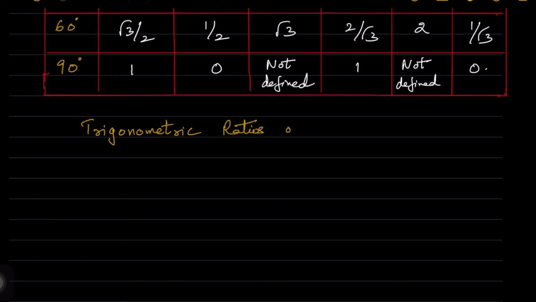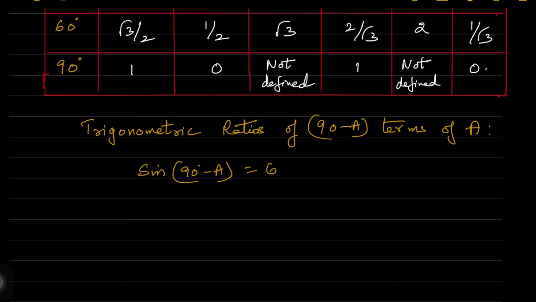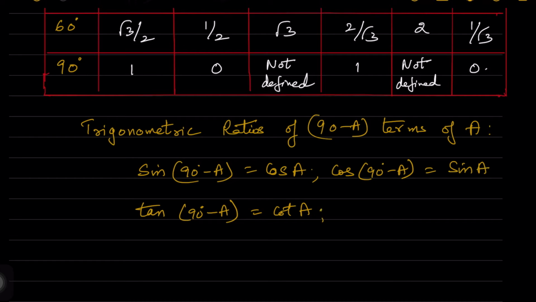Now what are trigonometric ratios of 90 minus A, in terms of A? We'll just see. So sin 90 minus A is equal to cos A. These are just to be remembered, and you also have cos 90 minus A will give you sin A. Sin 90 minus A will give you cos A, cos 90 minus A will give you sin A. That's why I have written both of them side by side.